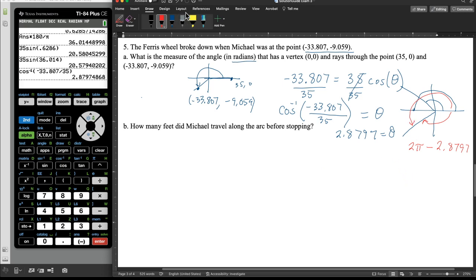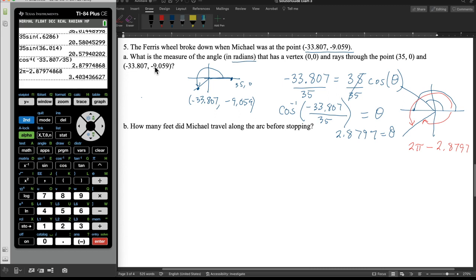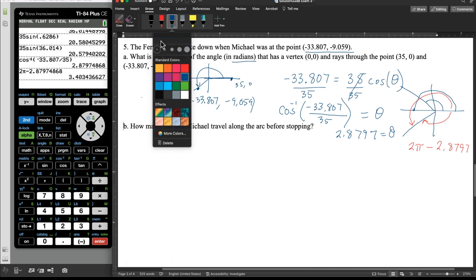Okay, so let's do that. 2 pi minus 2.87974868. Use them all, why not? You could also copy the answer there. And now we've got 3.4, which matches the answer in the solution guide, right?